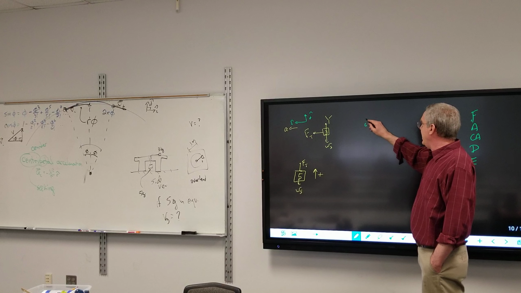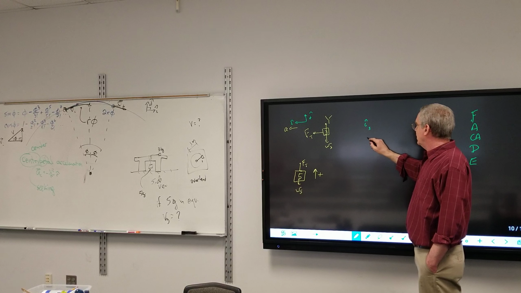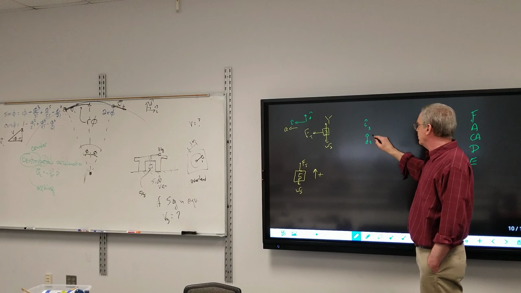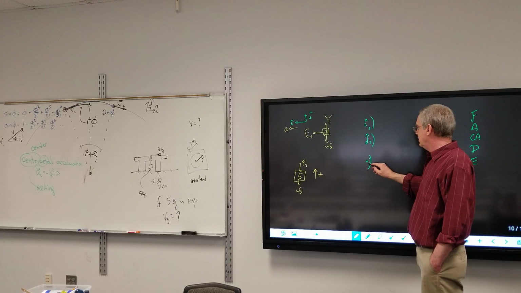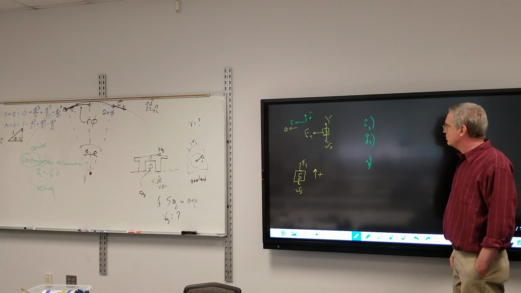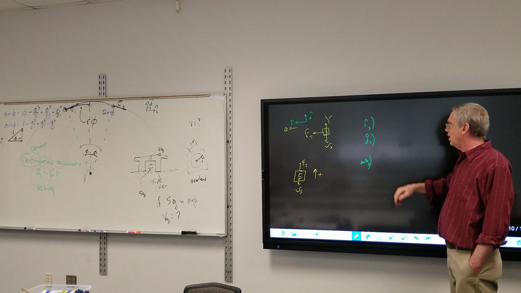So I'll have the I hat for the 3 kilogram mass, the J hat for the 3 kilogram mass, and then my vertical for the 5 kilogram mass, however you want to notate it.